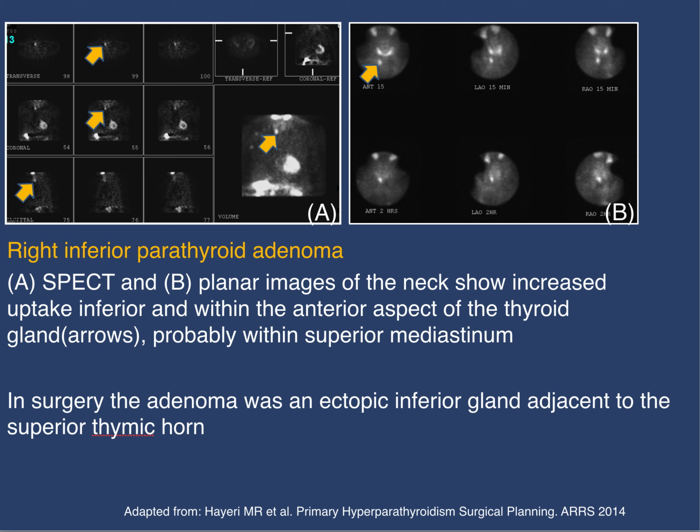We can see the heart avidly taking up sestamibi as well as the parathyroid adenoma, and the images on the right are the dedicated study that was performed to detect the parathyroid adenoma. So anytime you're reading a nuclear medicine stress test, look at the non-processed image. You may be able to find a parathyroid adenoma or breast cancer or something else that tends to hang on to sestamibi.